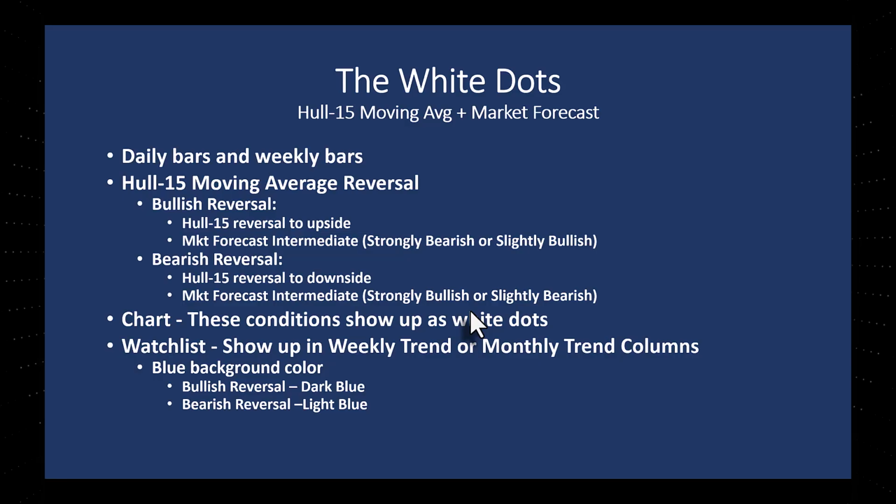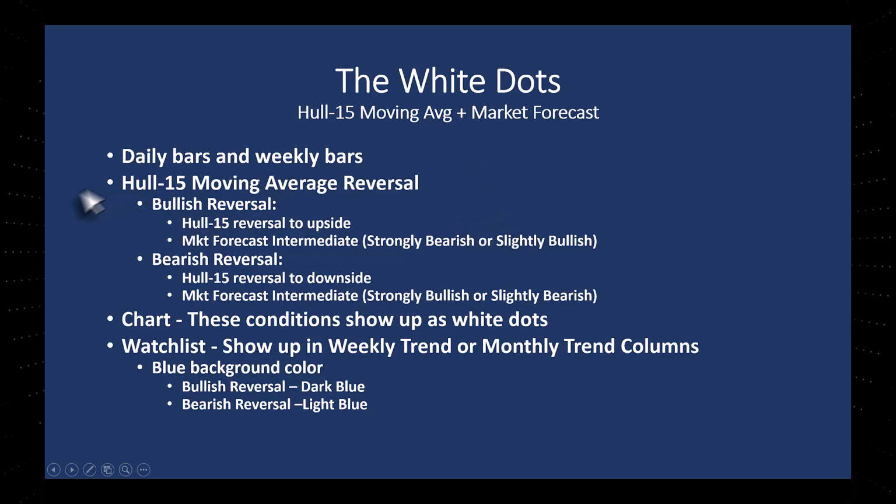And it turns out I made the comment that the white dots work on both daily bars and weekly bars, and basically it's the combination of Hull 15 moving average reversals. So if you've got a bullish reversal, you're going to see the Hull 15 reversing from a downward slope to an upward slope, and it's also married with the market forecast indicator line, either in a strongly bearish or slightly bullish condition.